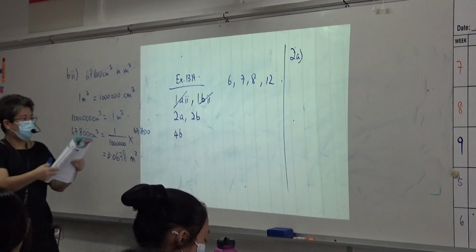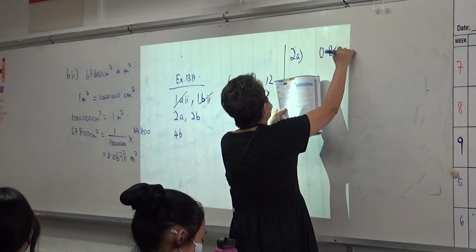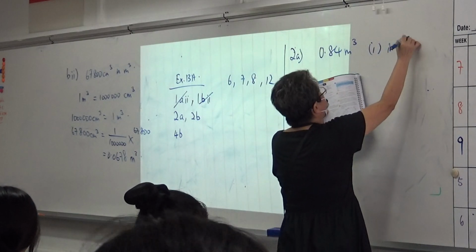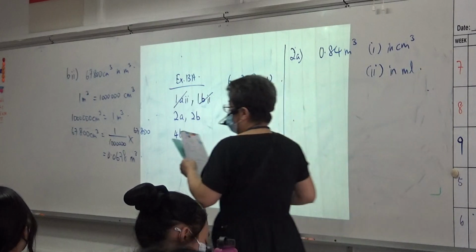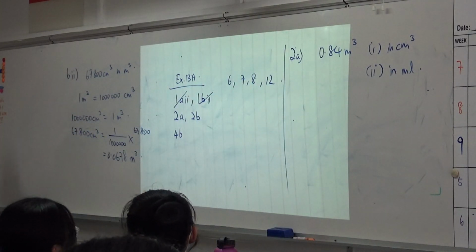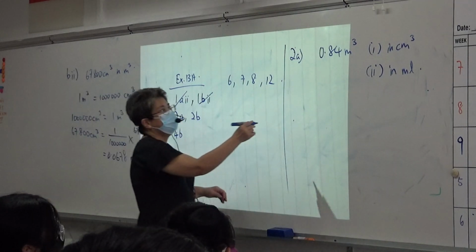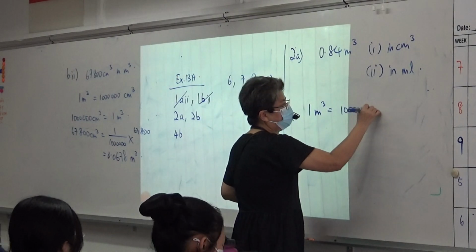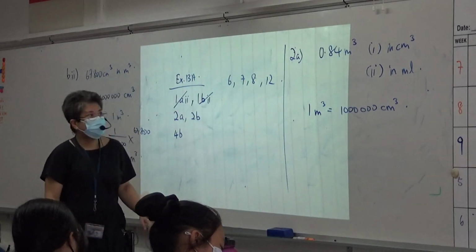Express 0.84 meter cube, part 1 in cm cube, part 2 in milliliter, right? Now I want to know if cm cube is the same as milliliter. Yes, okay? Now we already know 1 meter cube is 1 million cm cube. Just now we did already.